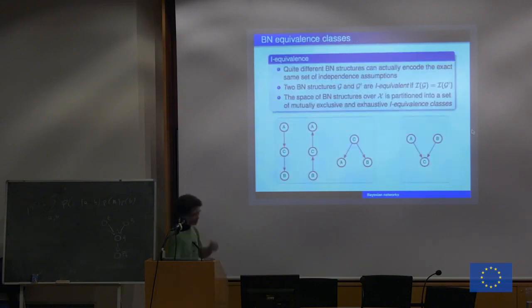Now, two final things before we close this part about representation. Actually, there is one caveat about these local structures. As I said, the tail-to-tail and the head-to-tail connection both say that if the middle node is not observed, there is a relationship.